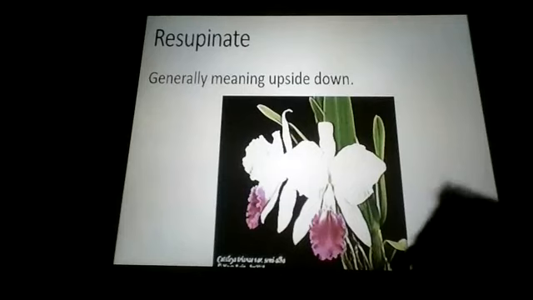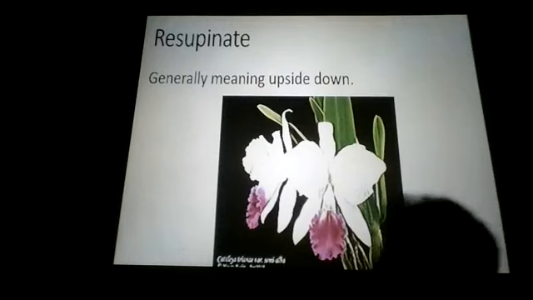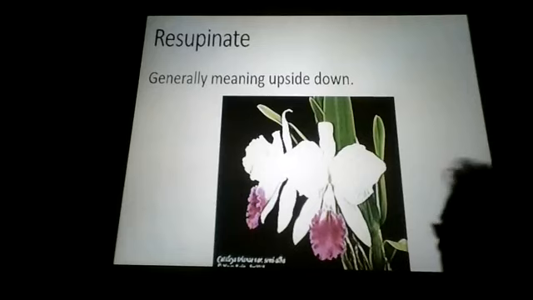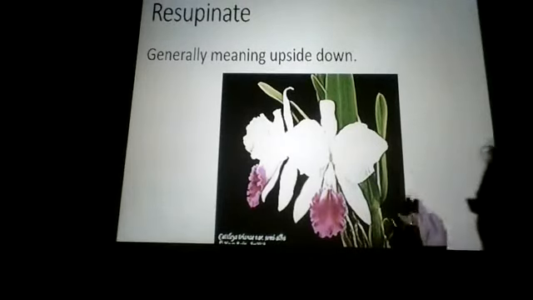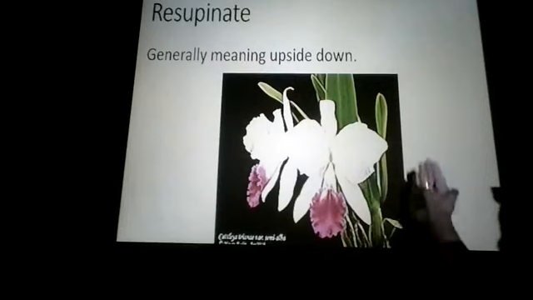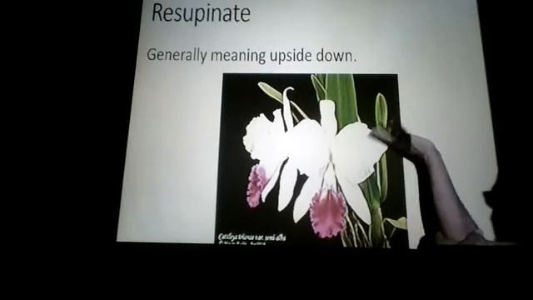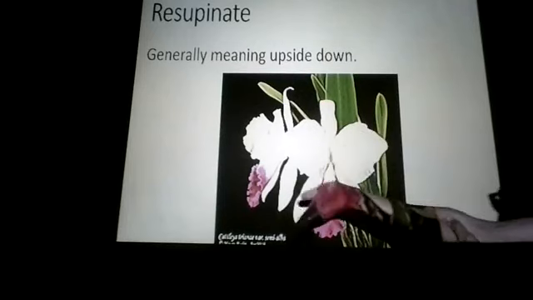Now, resupinate means that it turned upside down, basically. So when a cattleya comes out, it comes out like this, and then it twists, and then it goes upside down like that.